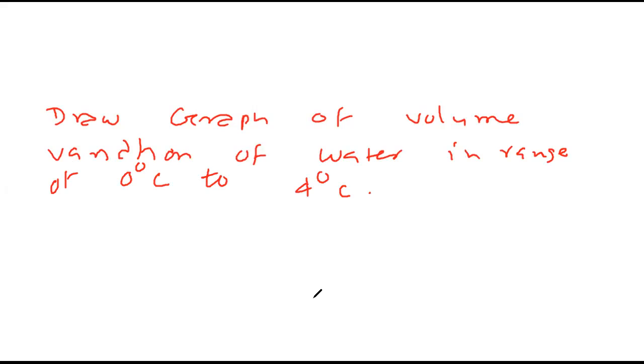What is the density of water in CGS? Any of you know? It is 1 gram per cubic centimeter at 4 degree Celsius. Remember this. Okay, now I am starting the graph. Very important question to be asked in the exam.